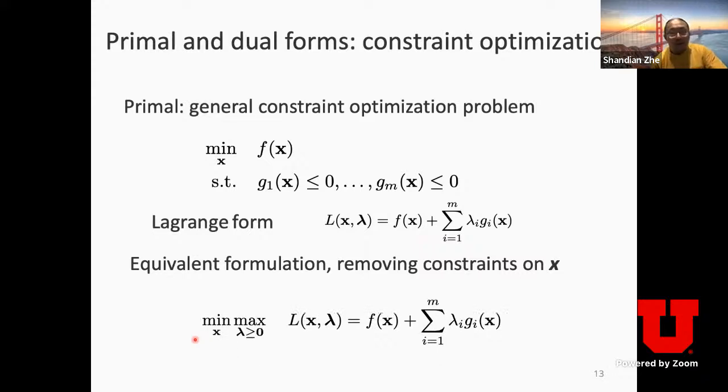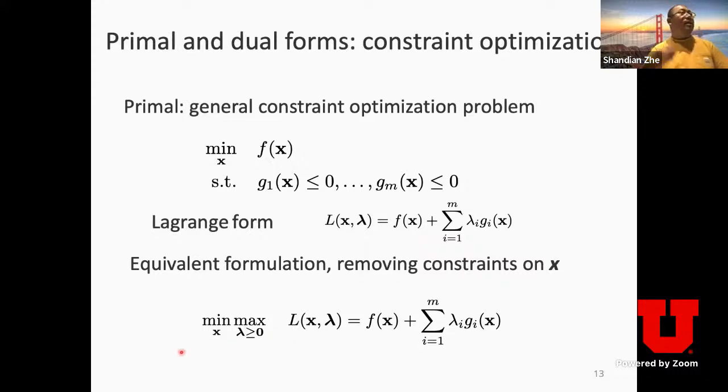And for simplicity, we're going to write this minimax optimization problem in this form. We're going to conduct minimax optimization over the Lagrange form L(x, lambda), such that in the inner level, lambda must be non-negative, and we want to maximize L with respect to lambda. And in the outer level, we're going to minimize L with respect to x.